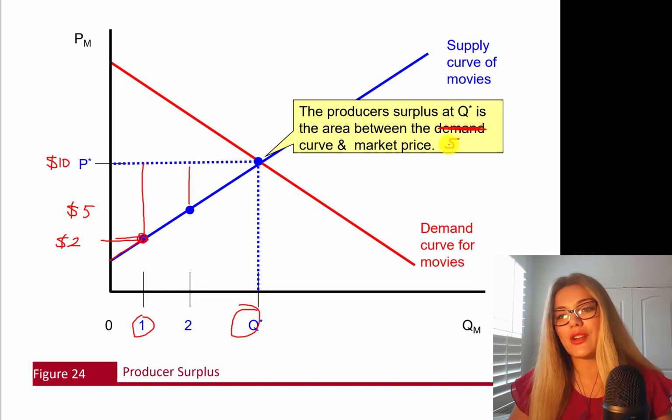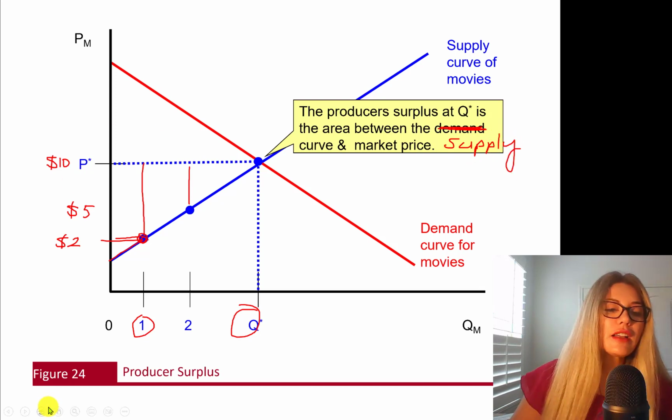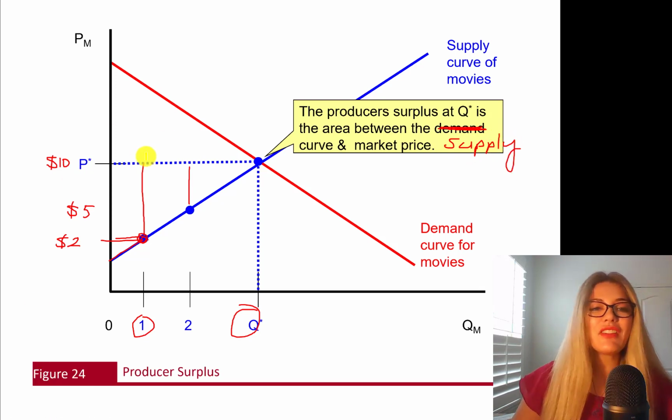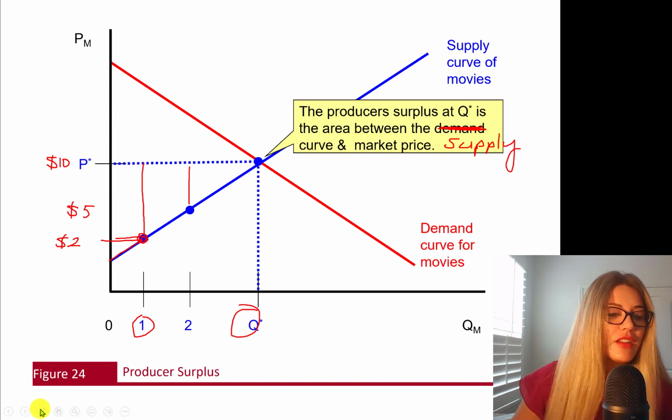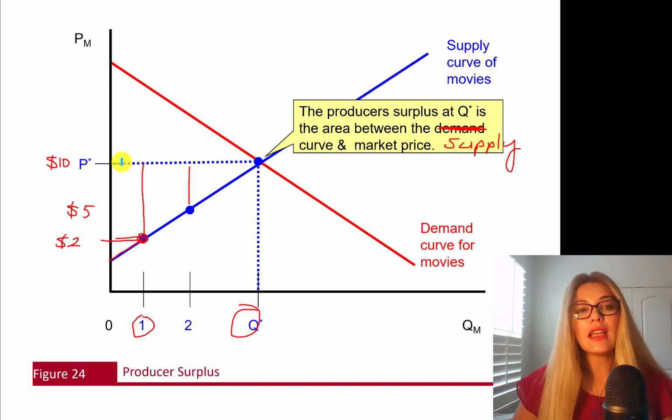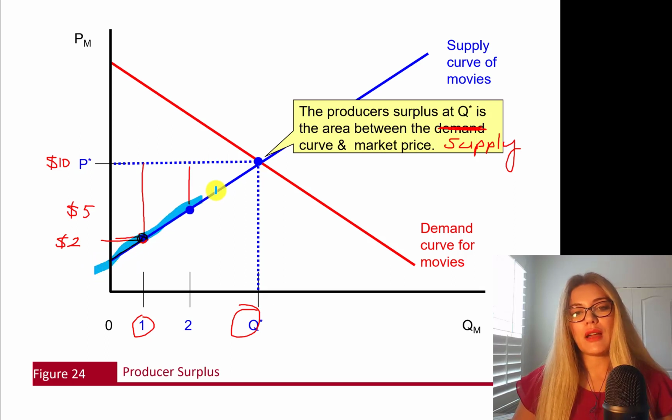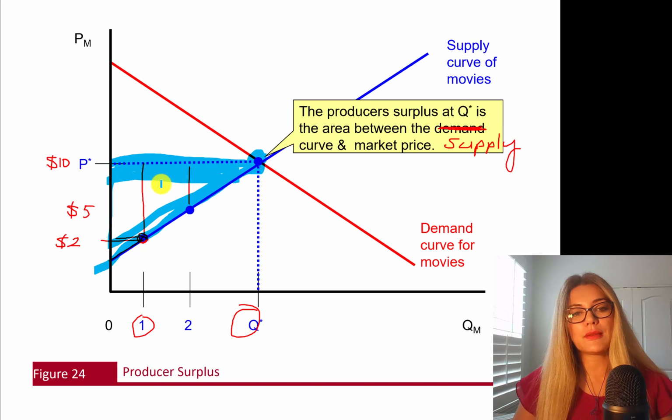How do we find the producer surplus given any example? Very simple. Producer surplus is the area above the supply curve, below the market price, limited by the quantity exchanged here. So this whole area will be your producer surplus.